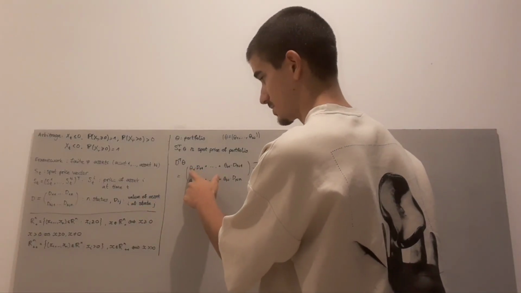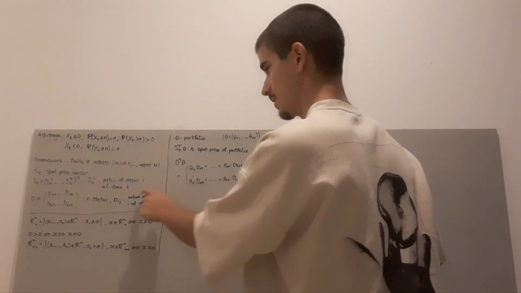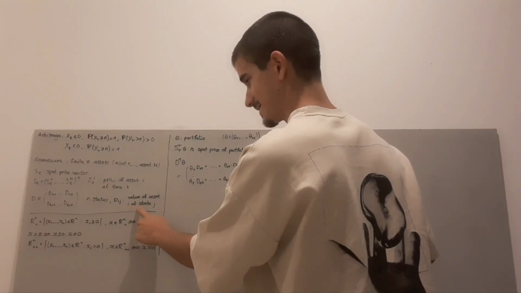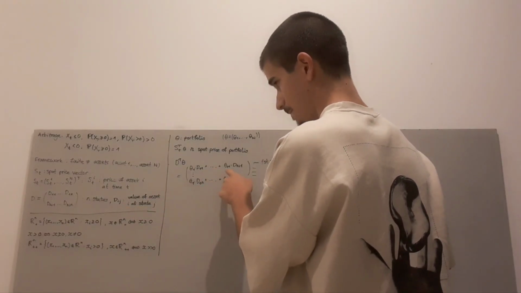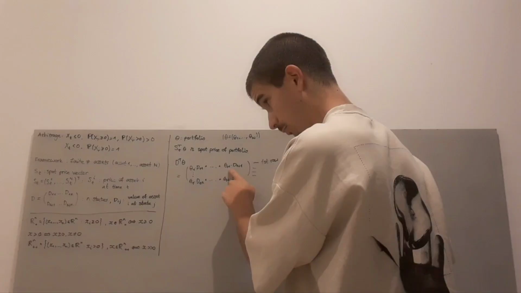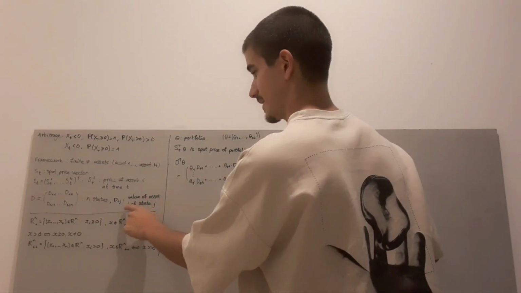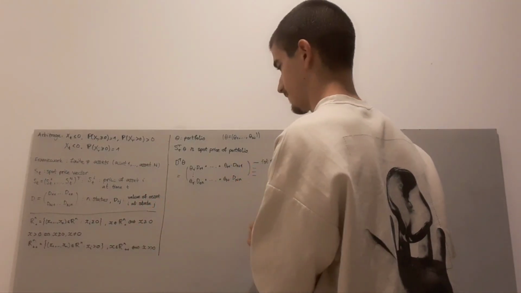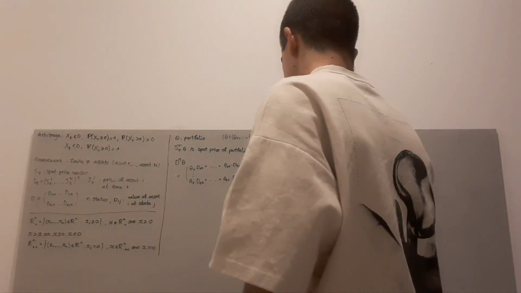So this is the amount of asset 1 that we hold times the value of asset 1 at state 1, plus dot, dot, dot, the amount of asset N that we hold times the value of asset N at state 1. So that's the first row, and all the way up to the nth row.